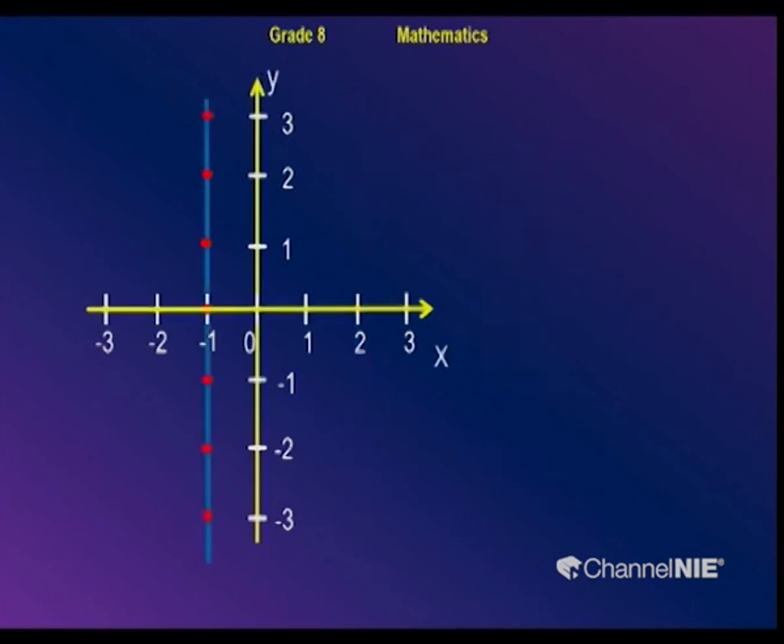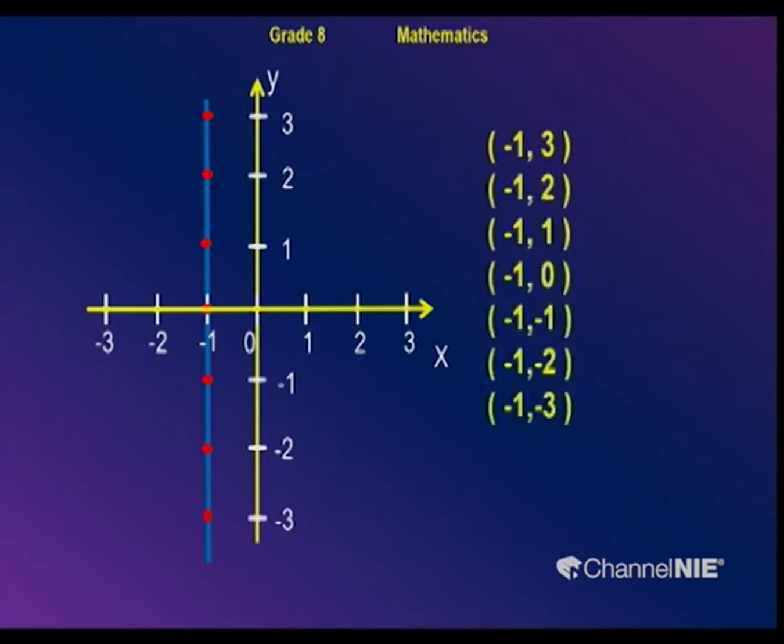And look at another one. There is a line in blue color. Now I write the ordered pairs of the points of this line: (-1, 3), (-1, 2), (-1, 1). Then you can observe the x value is always equal to -1.